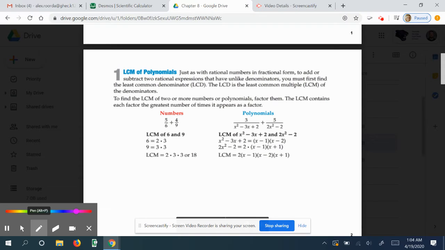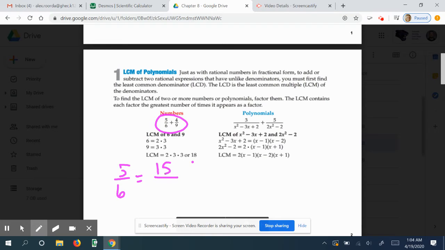which might not be very easy when we're talking about variables. Now, remember, if we want to add two numbers, like here's an example, 5 sixths and 4 ninths, we have to have a common denominator. And so for us, that common denominator would be 18. And so we'd say that 5 sixths is really equal to 15 eighteenths, right? Because we multiply top and bottom by 3.